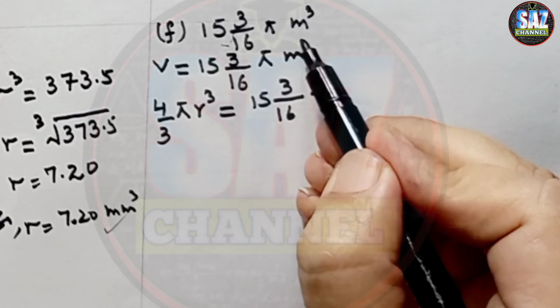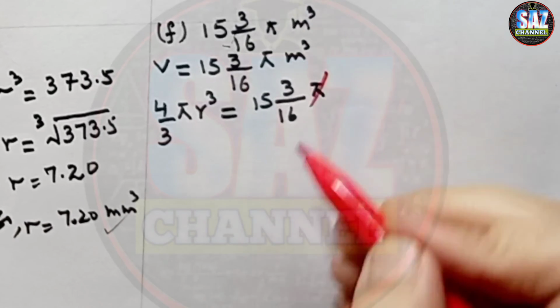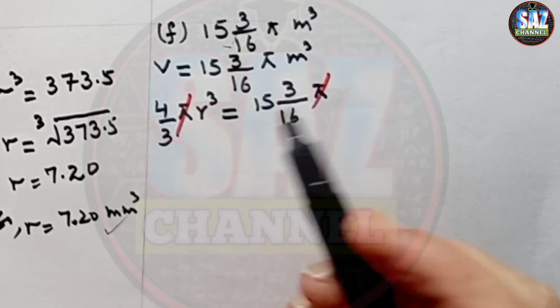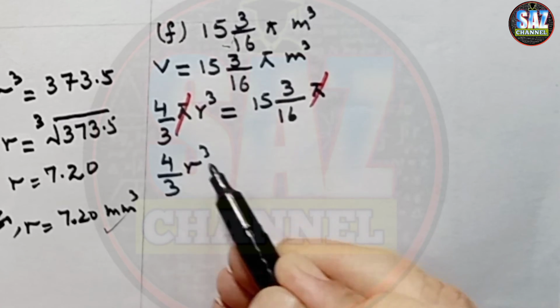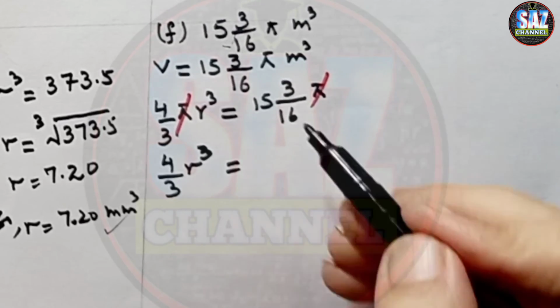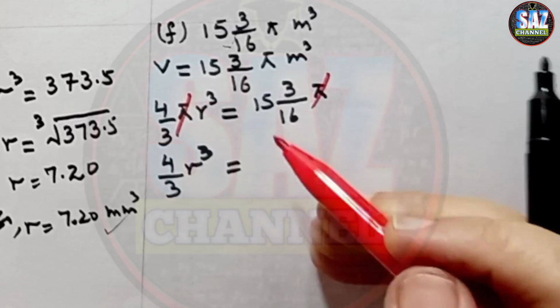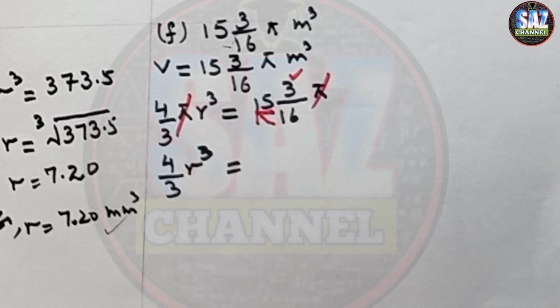Pi can go with this pi, and I will be left with 4 by 3 r cube equals 15 times 16. We multiply the denominator with the whole number and then add the numerator: 15 multiplied by 16 plus 3, 243 by 16.